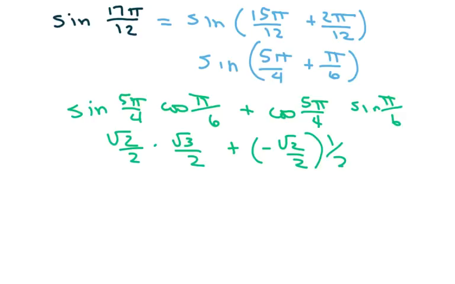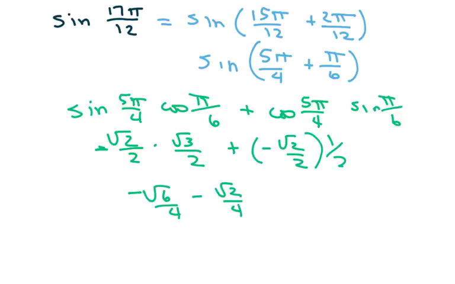So when you get that, you're going to get square root of 6, this is negative 2. So what you're going to do is get negative square root of 6 over 4 minus square root of 2 over 4.